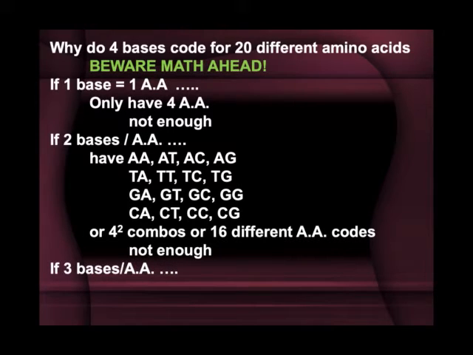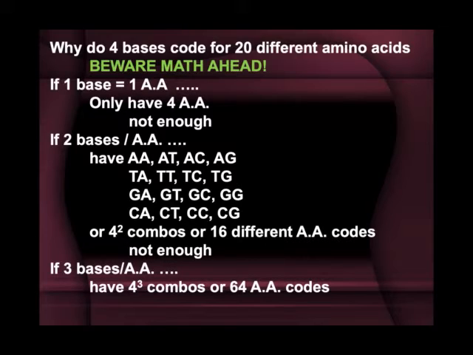If you have 3 bases coding for an amino acid, that would be 4, because we still have 4 bases, taken 3 at a time. So 4 cubed would be 16 times 4, which is 64. So 4 cubed combos are 64 amino acid codes. Hey, now we have enough. We didn't have quite enough when we took 2 bases.